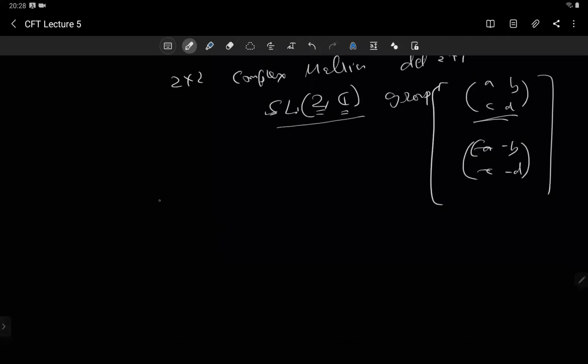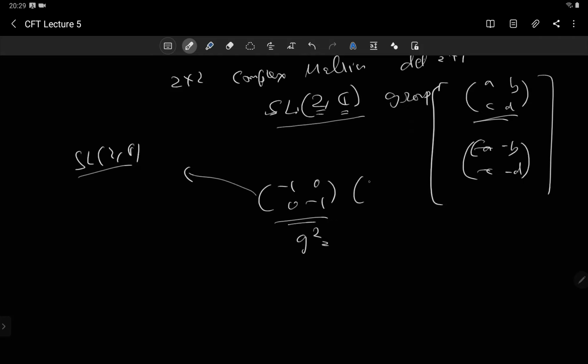So if you take the element -1 0 0 -1 in this group SL2C, first of all, this is an element in this group, because if you take the determinant, it is +1. Let's call this element G. This G squared is identity.